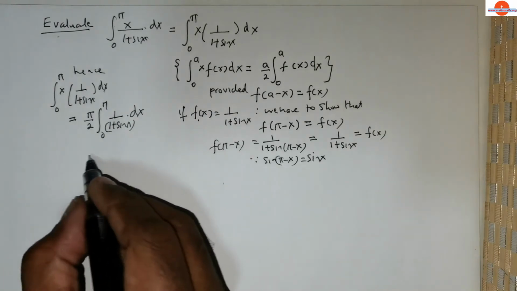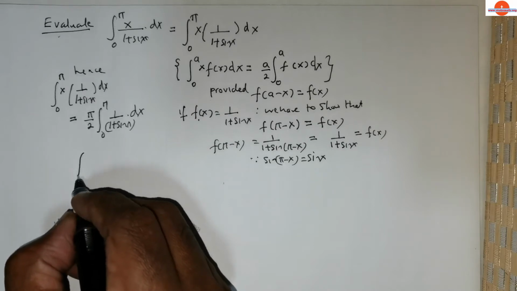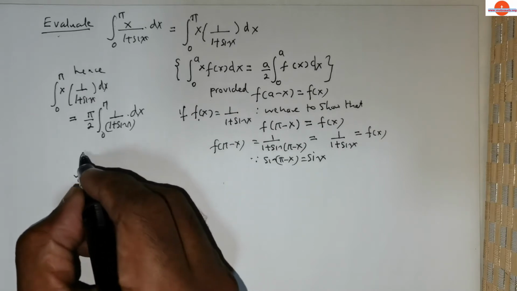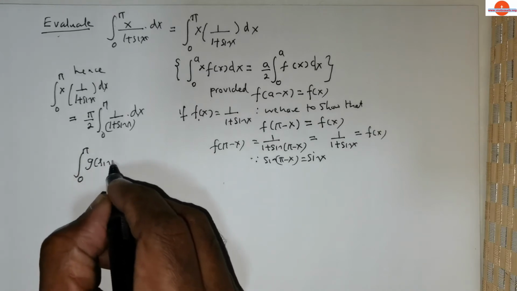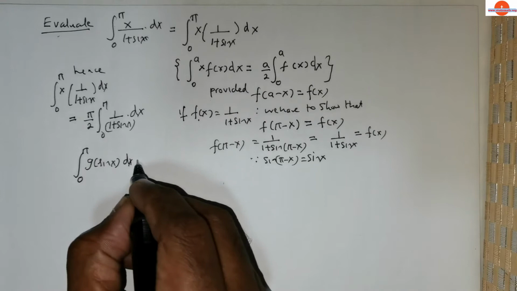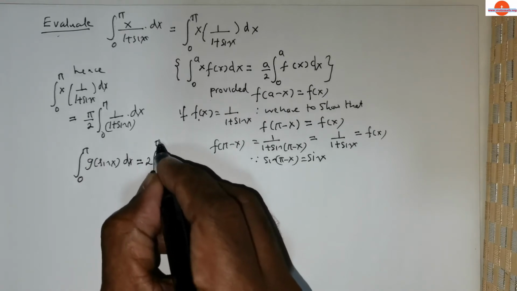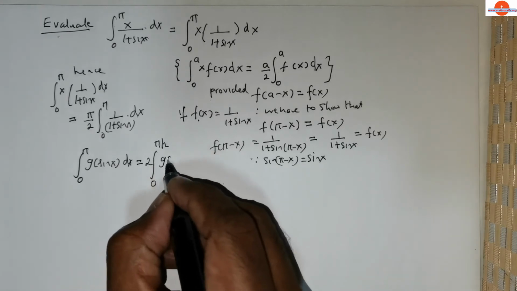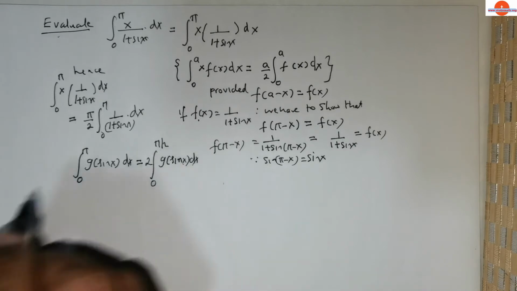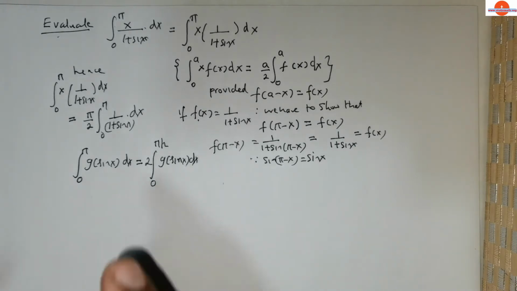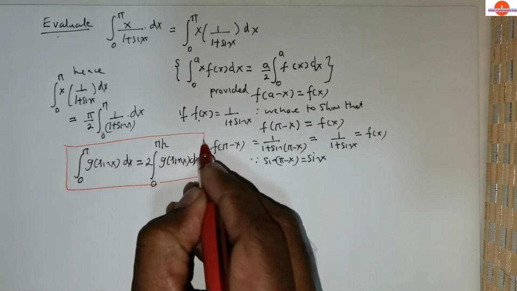Now, in the previous example, I have shown you an important result, which is the integral from 0 to pi of g of sine x dx is equal to 2 times the integral from 0 to pi over 2 of g of sine x dx. This is an important result we got from the previous example.